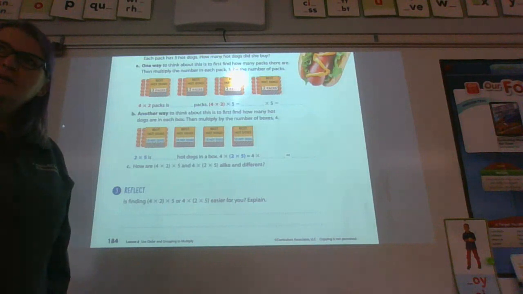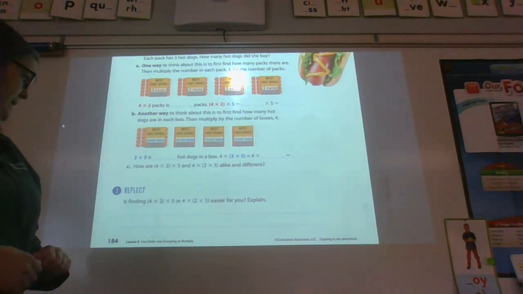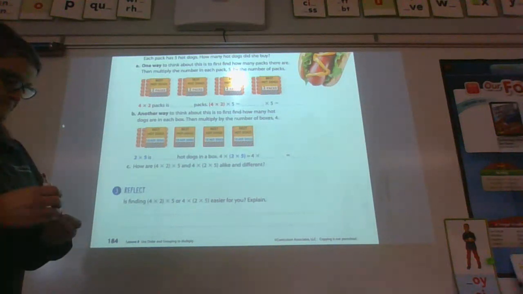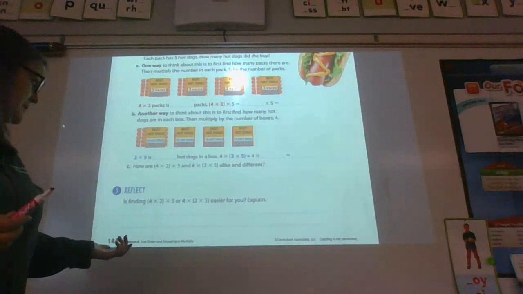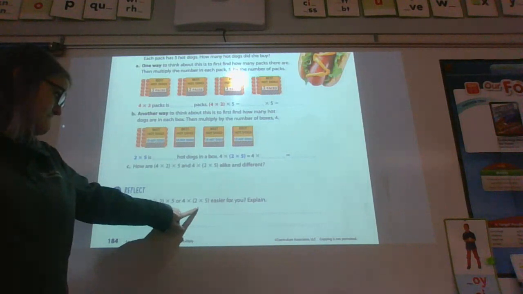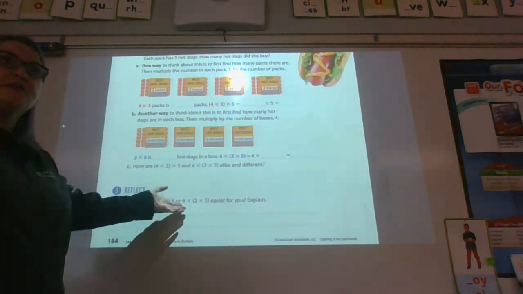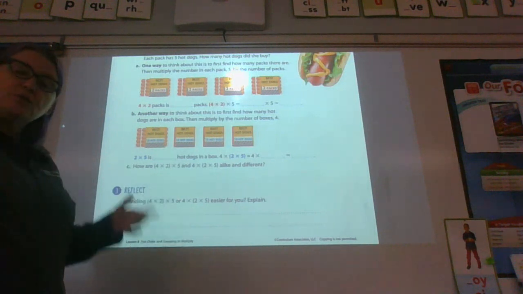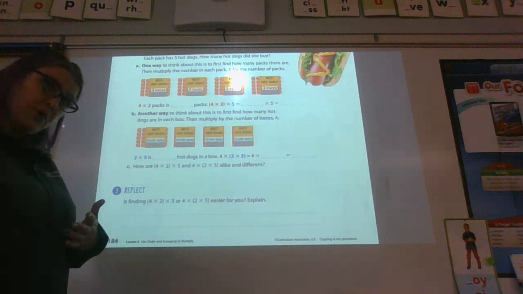I was just going to say, I like the 4 times 2 because I like to find that out first and then skip count by 5. Sure, you can do that. And I'm a little bit different than Mr. Davis. I like the second way because I like to multiply by 10, and 2 times 5 is 10. And then you can just count by tens. Right. So really, there's not a wrong answer. It's just whatever you prefer.